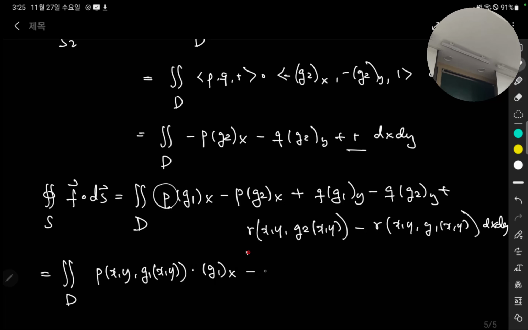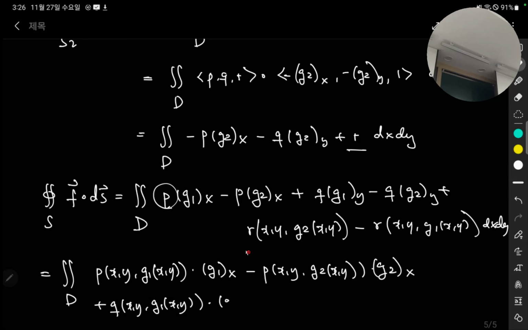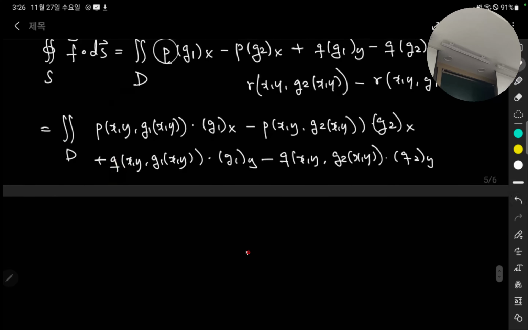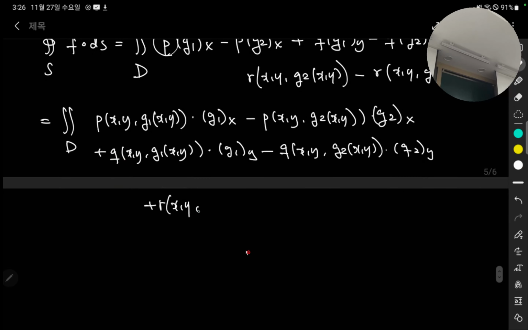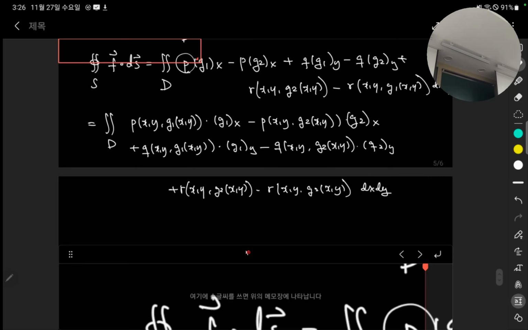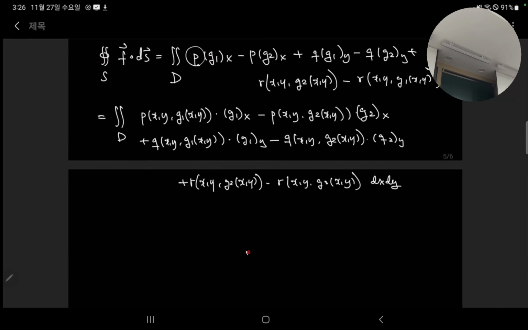And then here P of x, y, G2 of x, y, and G2x, and the same thing for Q, x, y, G1 of x, y, G1y, minus Q of x, y, G2 of x, y times G2y, and R of x, y, G2 of x, y minus R of x, y, G1 of x, y, dx dy.